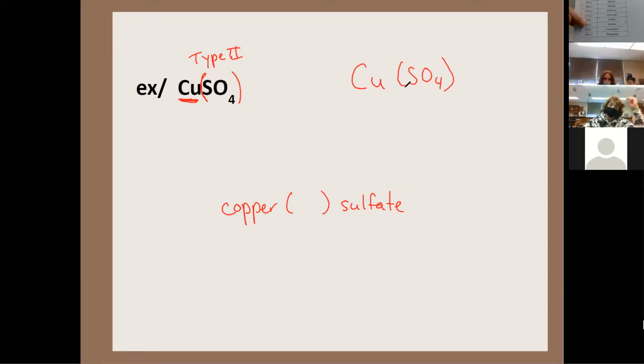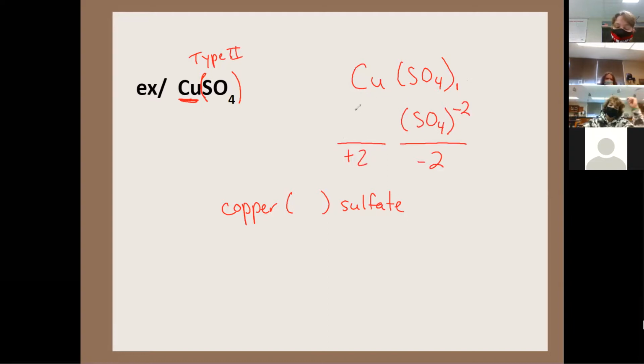Here we have sulfate, and sulfate as a group has a -2 charge. How many sulfates are in this compound? Well, there's no subscript here, so there's only 1 sulfate group. Our total negative charge is -2. That means our total positive charge is going to have to be +2.